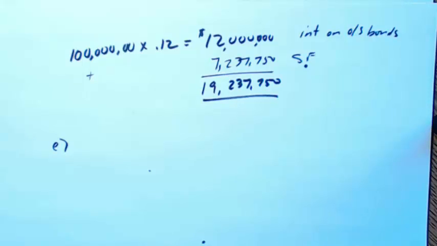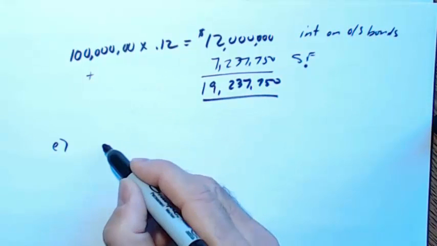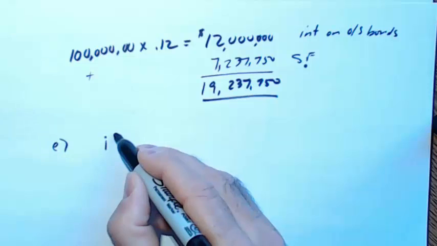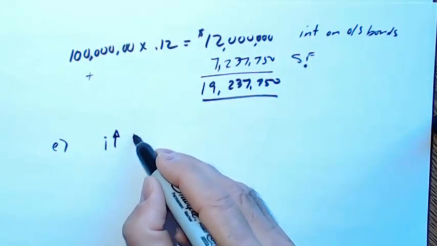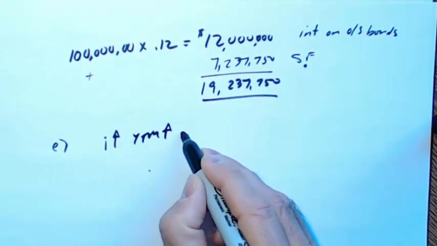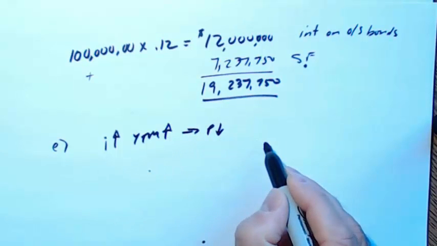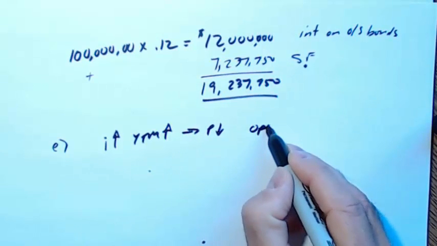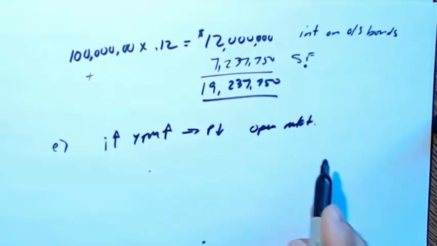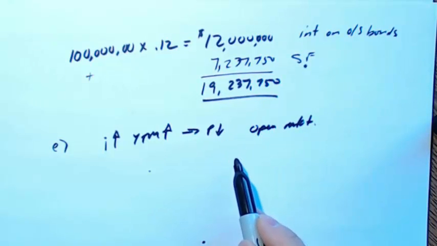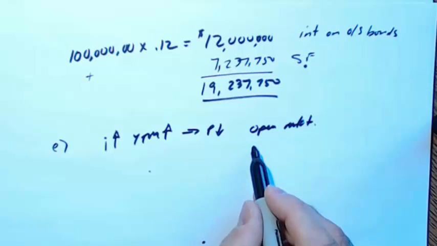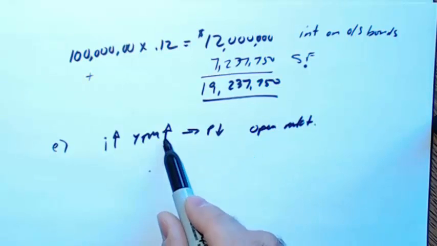Which method are you going to use? Well, if interest rates go up in the open market, in other words, the yield to maturity of the bond goes up, bond prices will go down, which means you're going to want to go in the open market and buy the bonds because they'll be trading at below par if interest rates are above the coupon.